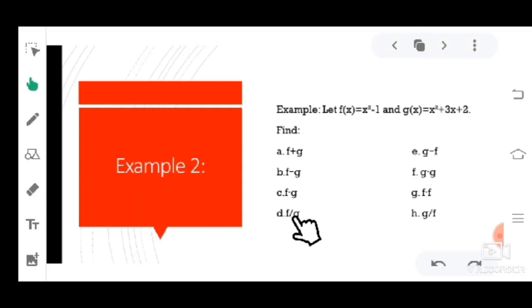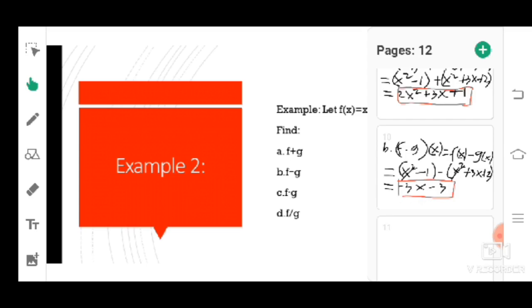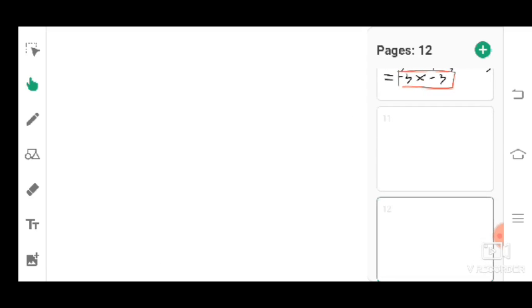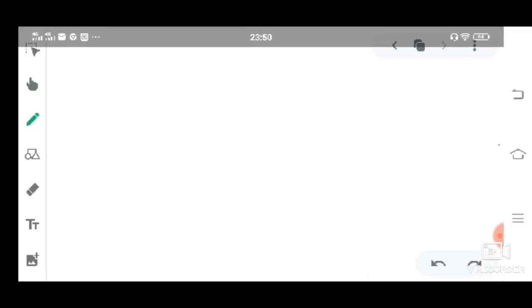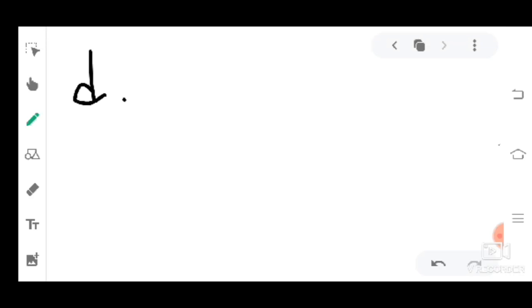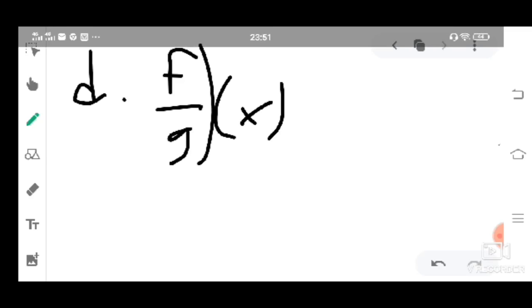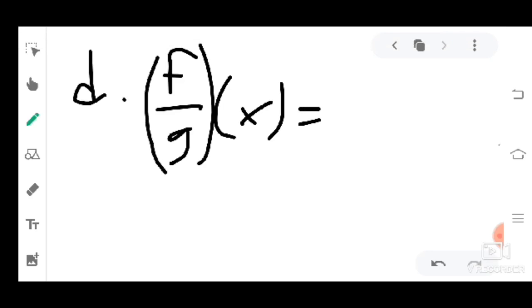For letter D, we are asked to find the quotient of f and g, f divided by g. So let's proceed. Letter D, f divided by g of x is just f of x all over g of x.